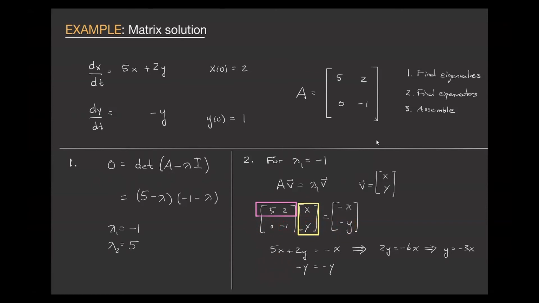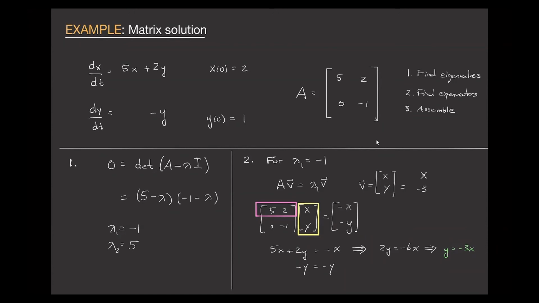Now we said v is equal to x, y. We then found that y is equal to -3x. If we use this fact, y is equal to -3x, what we can then say is that v is equal to x, and then y is negative 3x.